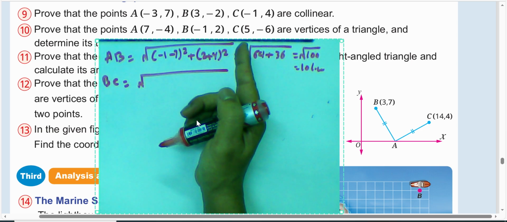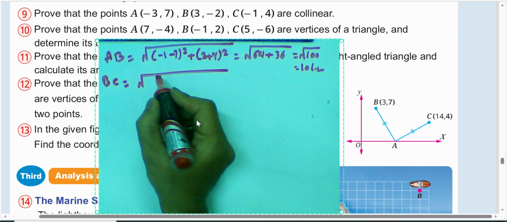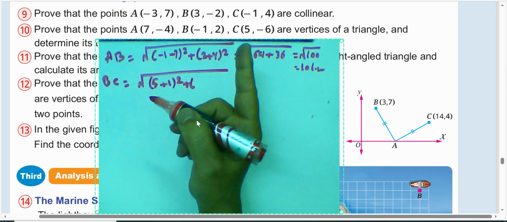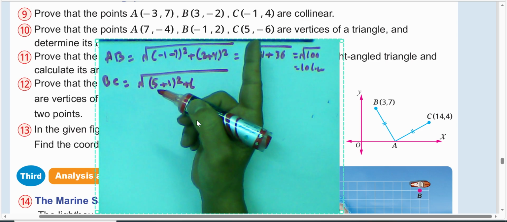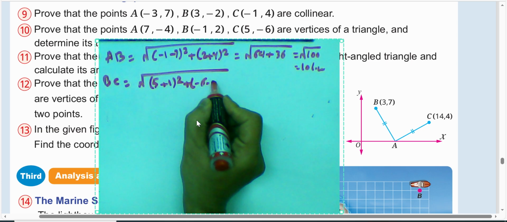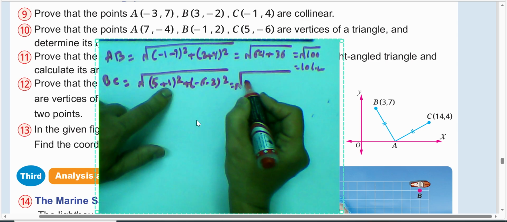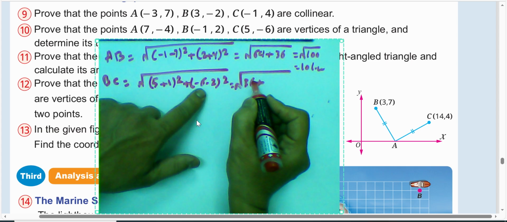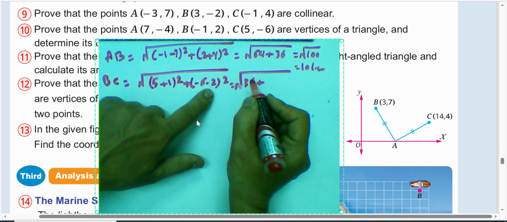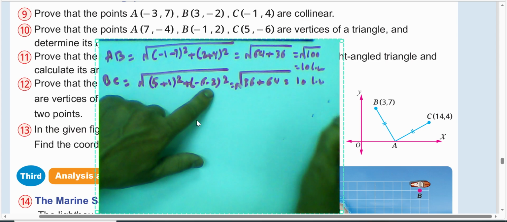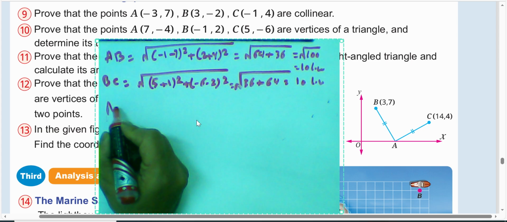B and C here. 5 minus -1, it will be 5 plus 1 to the power 2, plus 5 minus 1... -6 minus 2 to the power 2. 5 plus 1 is 6, squared is 36. -6 minus 2 is -8, squared is 64. The result will be 10 length units. And what about AC?